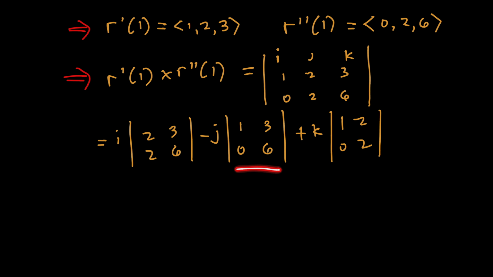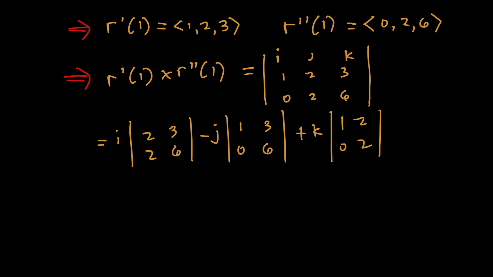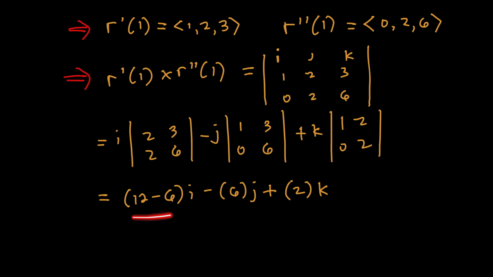For the second set of constants, you remove the second column and the first row, so you will have 1, 0, and 3, 6. And finally, for k, you remove the first row and last column so that you will obtain 1, 0, and 2, 2.